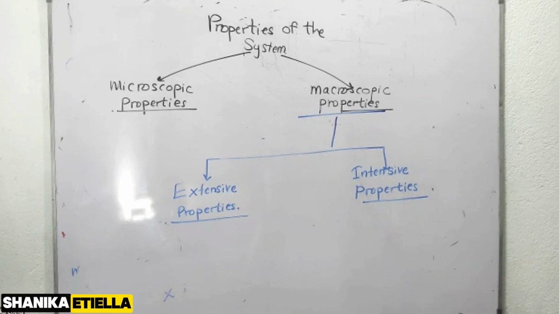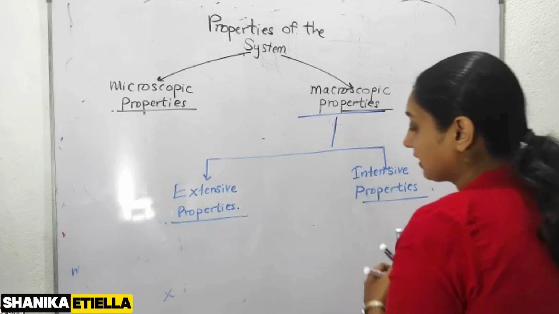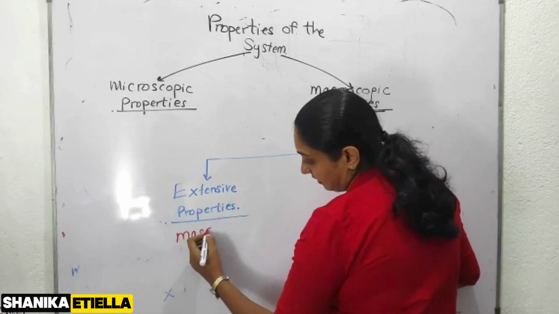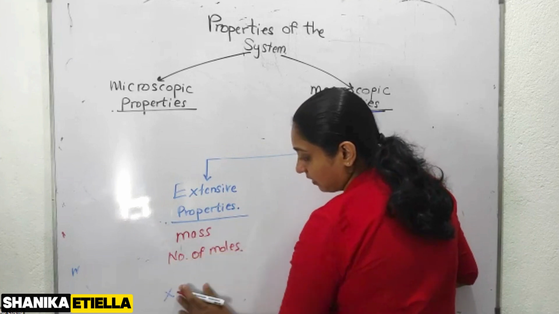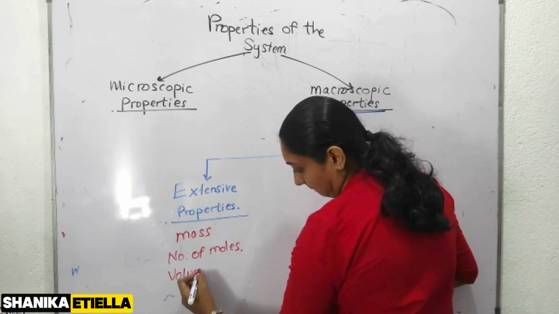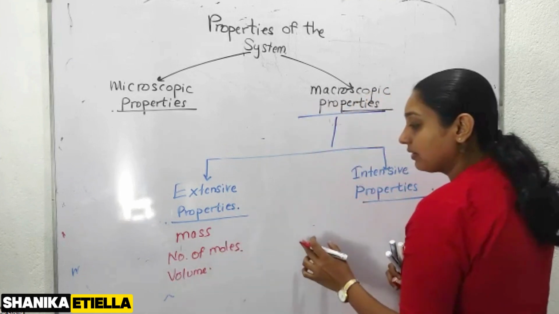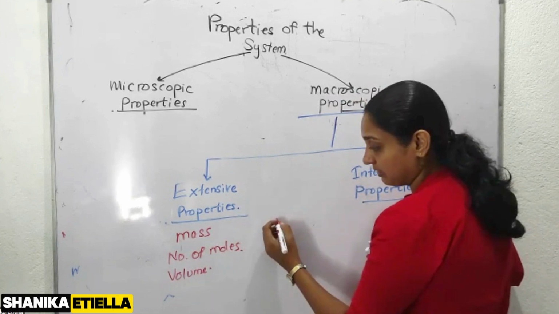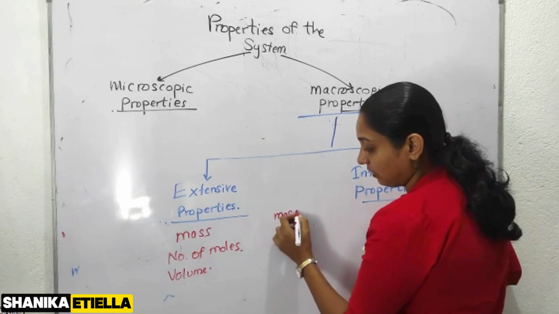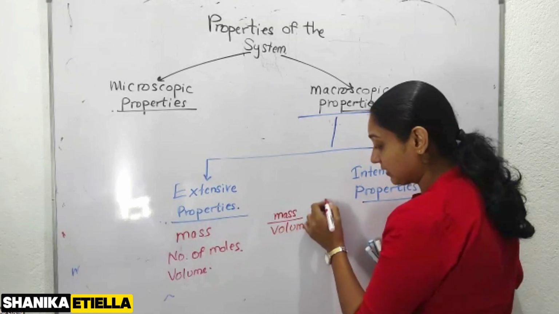And another important thing. Look at the board. Extensive properties: mass, number of moles, volume, right? Okay, then if I divide one extensive property by another extensive property, like mass over volume, what's that physical parameter? It's density.